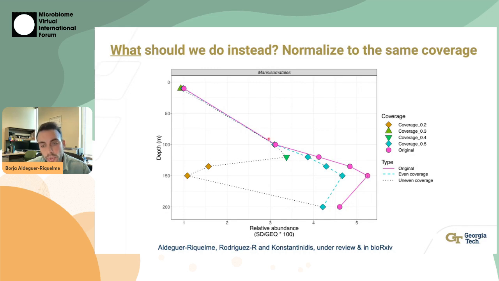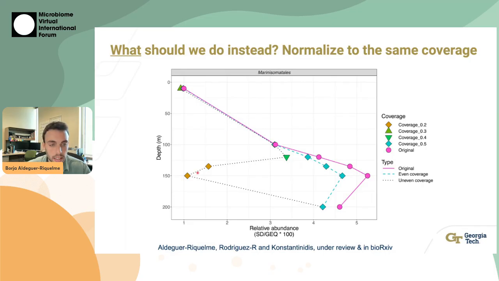This is the same trend that I observe when I compare metagenomes that were normalized to the same non-parallel coverage, in this case 0.5. As you can see, the values are different because of the different sensitivity that I showed you in the previous slide, but the trend remains the same. However, this is not the case when we compare metagenomes with an uneven coverage.